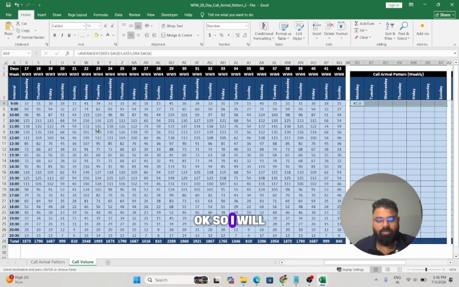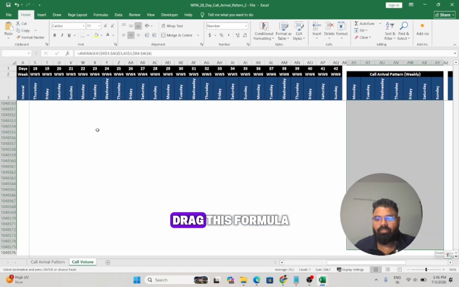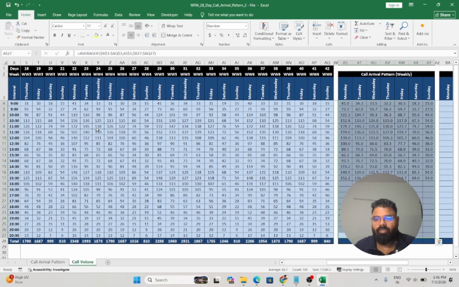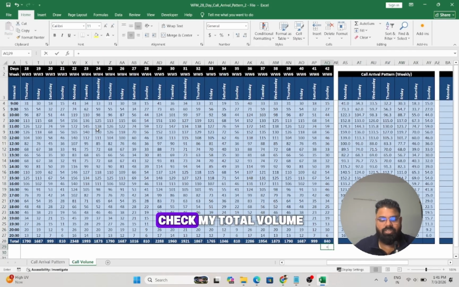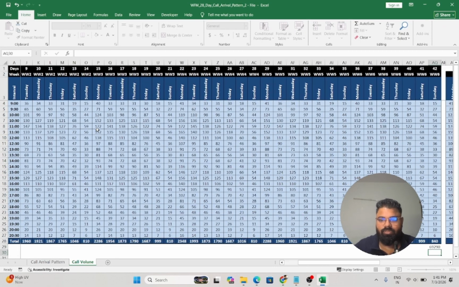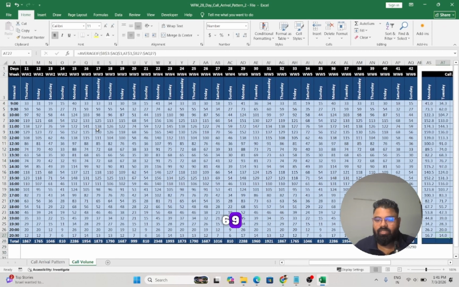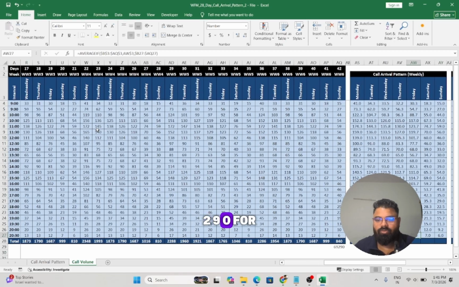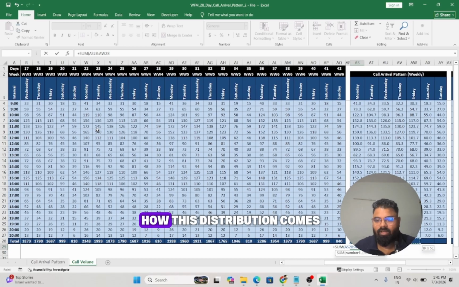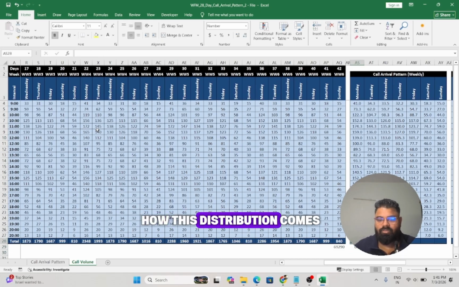So I will drag this formula. Now I will check my total volume. What is my total volume? My total volume is 69290 for 6 weeks.